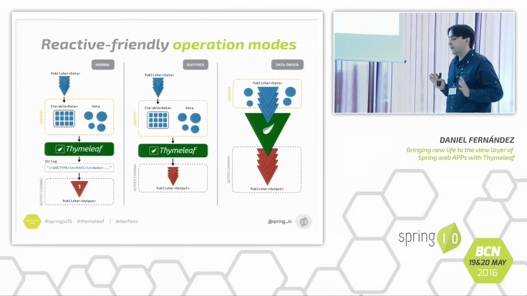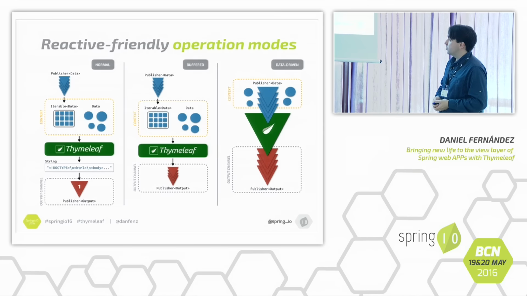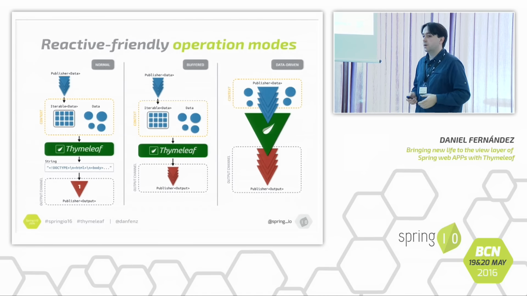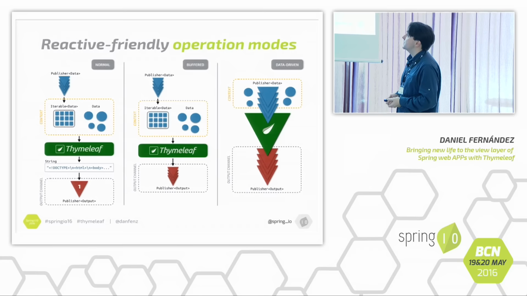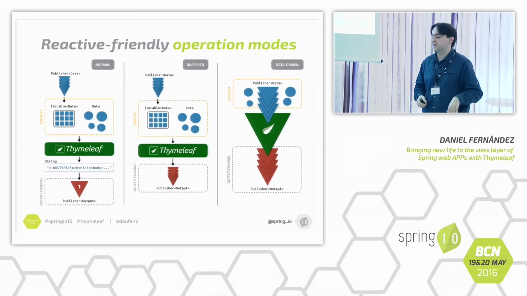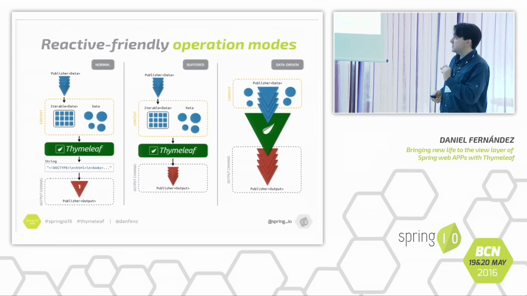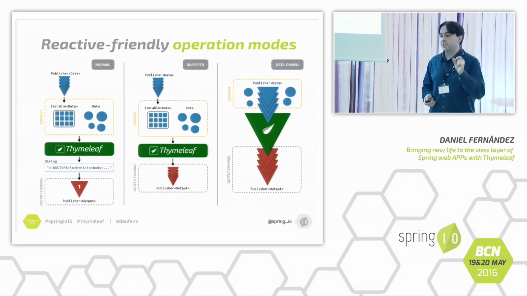But what we can create in reactive frameworks from Thymeleaf 3, and actually it is something that we have already tested for Spring Reactive, which is going to be a part of Spring 5, is 2 new operation modes, which are, first of all, the buffered one. The buffered one means, okay, don't mess with the context, we leave the context as it is, but we are going to run the template engine by means of a mechanism called engine throttling.